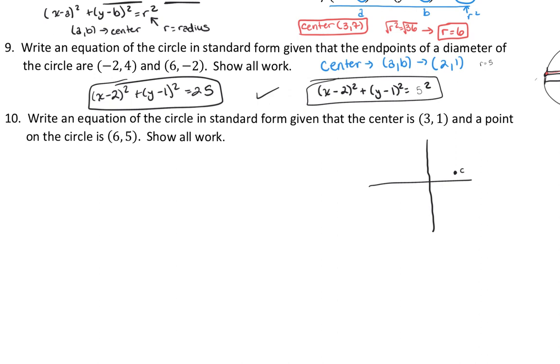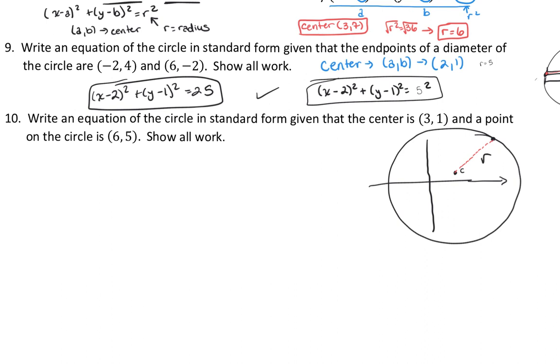And then we have some point 6, 5, somewhere here, right? And we know that that point is on our circle. So our circle looks something like this. This also shows that the distance from here to here should be our radius.